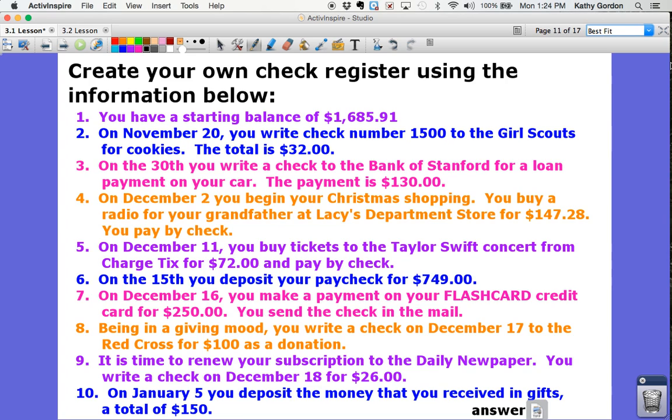So you can't even rely on the dates for paper checks because the date you write down is the date you wrote it. The date that's on your statement is the date that it hit the bank and got processed. So really the only way you can match up your statement and your register with paper checks is based on the check number that you have. Now with electronic checks or debits or ATM withdrawals, those don't have check numbers.